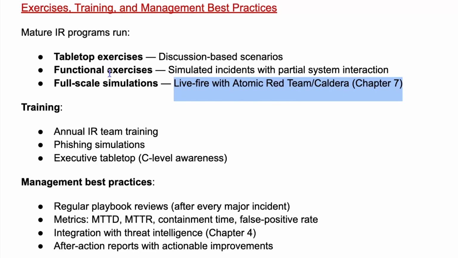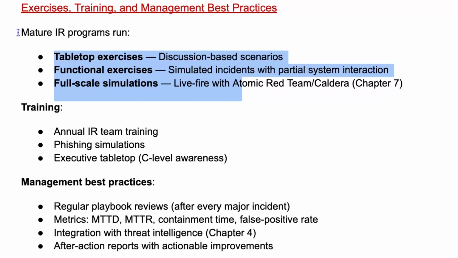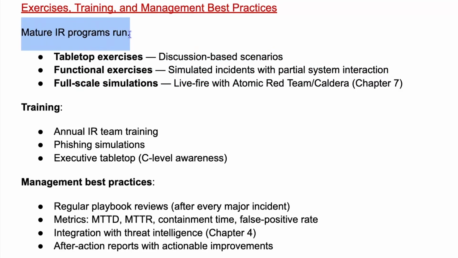So functional exercises could be partial, full-scale exercises could be a full-on attack against the team and kind of no holds barred, and let's see what they do. Let's see how they respond, right? So all of these things are key elements. These are signs that you have a mature incident response program, which is a great thing to have.